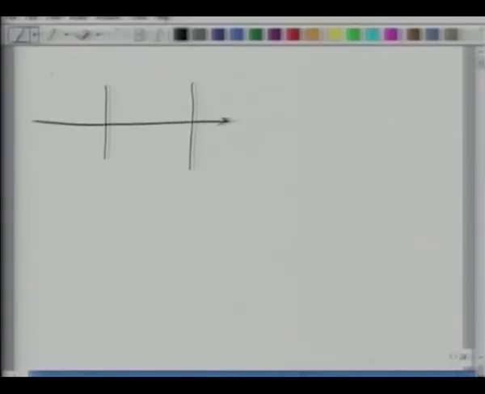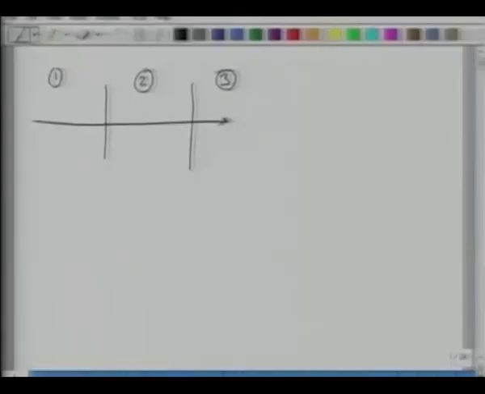What you can have is sound, and this is medium 1, medium 2, medium 3. These could be physically separated boundaries, or three different units where properties of the material are significantly different. So let's say Z0 is rho 1 C1 in the first medium, rho 2 C2 in the second, and rho 3 C3 in the third.